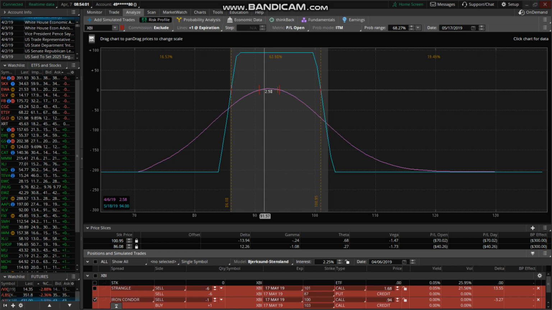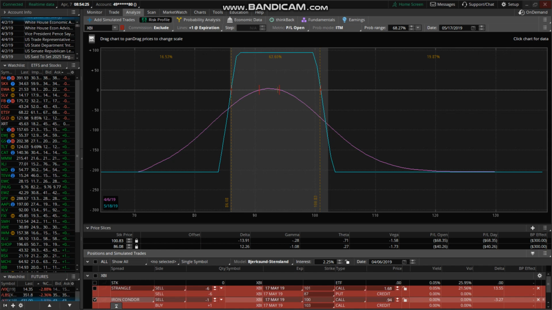I'm just complicating it for you guys right now, but it essentially means it goes far enough out of the money for you to make a profit. 2 standard deviations is even further. This break-even point would be out here, so your probability of winning this trade would be higher. However, the amount of money you'll be making would be lower. So 1 standard deviation is the sweet spot that people like to trade within. That is what an iron condor looks like.